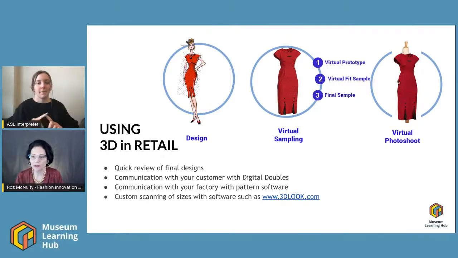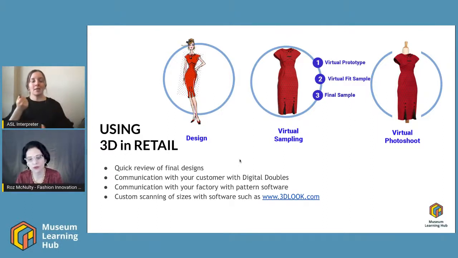But either way, you can then do a virtual photo shoot and basically make a decision on that garment for production. So you can do a quick review of your designs, communicate with your customers, your buyers, communicate with your factory, because they're all dealing with the same math versus just a sketch. And then, of course, custom sizing with 3D Look.